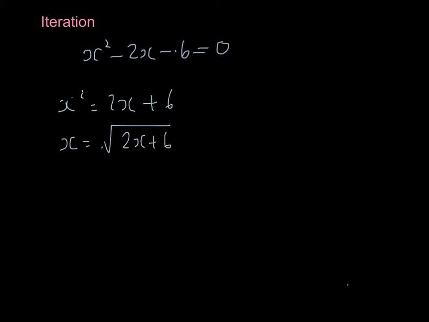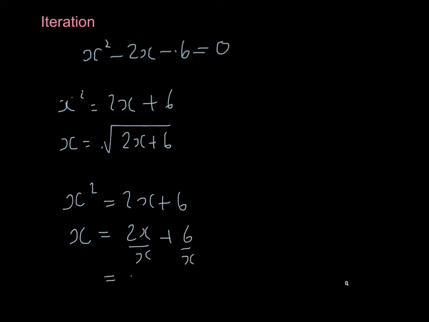Another way, we could start off with the same first line, so x squared is 2x plus 6, and then we could divide through by x this time, so we'll have x is 2x over x plus 6 over x, so that's obviously 2 plus 6 over x, that's the second way.